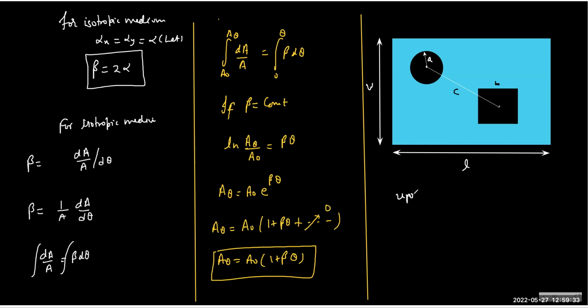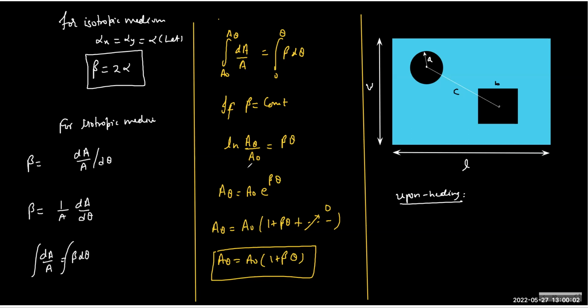So upon heating, which dimension will increase and which will decrease? Tell me. A, B, C, W, L. So following these dimensions A, B, C, W, L, which one will increase and which one will decrease? Sir, L and W will increase.